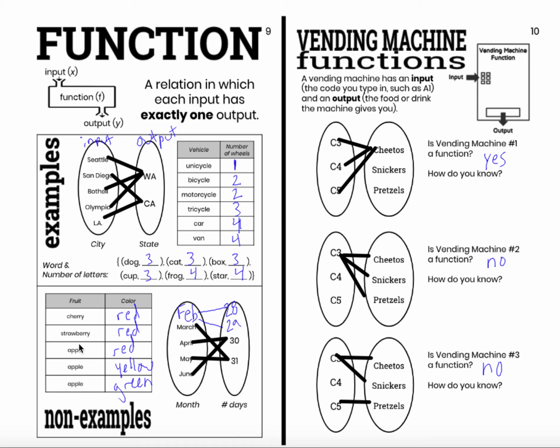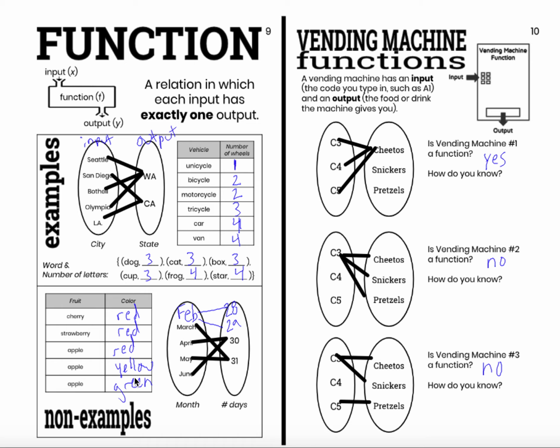Some apples are red, some apples are yellow, some apples are green, and therefore the relationship represented in this table is not a function. Input of fruit, output representing what color that fruit is. So my function is what color is this fruit? When I input apple, sometimes I output red, sometimes I output yellow, sometimes I output green. So for the same input, apple, I have more than one output.